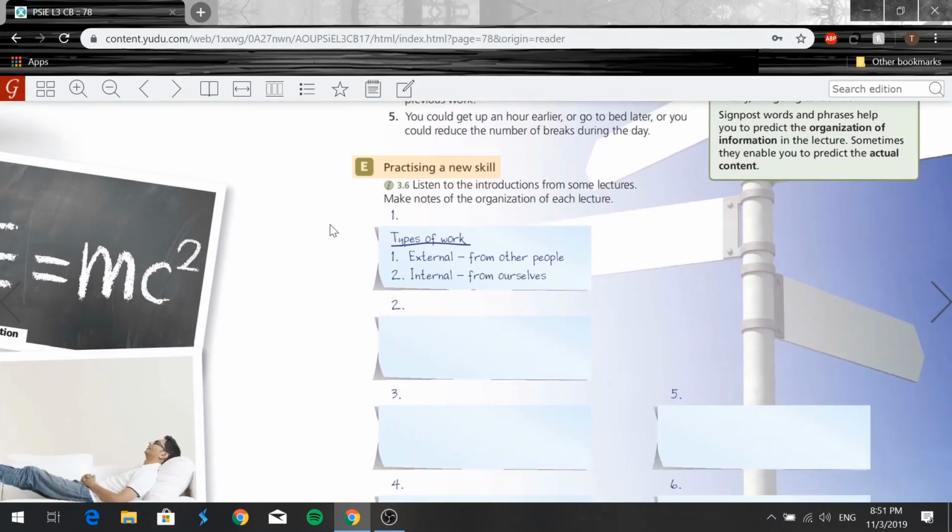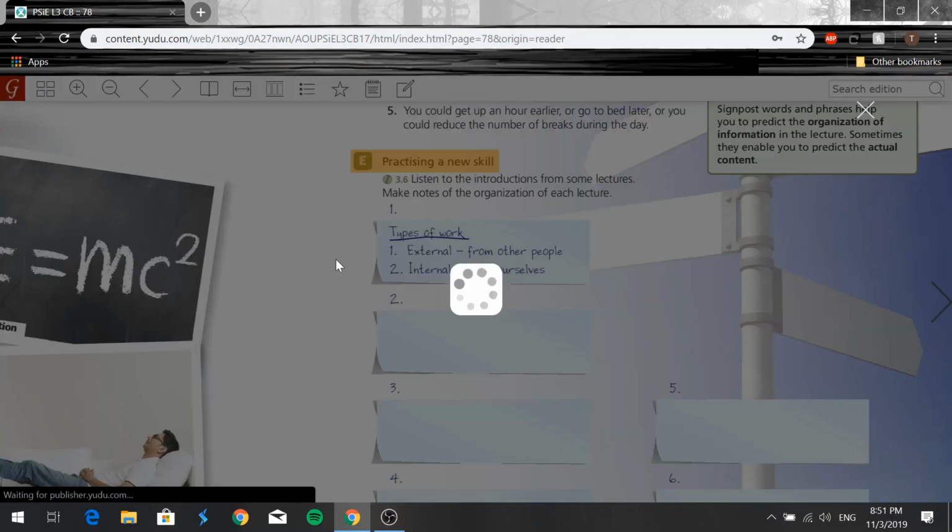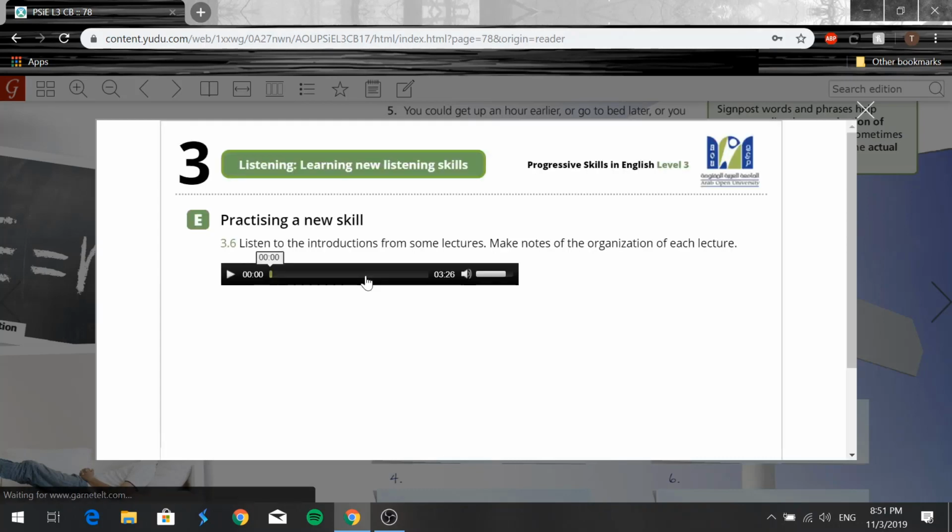Now let's go to exercise E. Here we have practicing a new skill. Right, so what do we have here? Right, so we're going to be listening to some introductions from some lectures, right? And I want you guys to make notes of the organization of each lecture. So we're not just going to be taking notes, you guys.